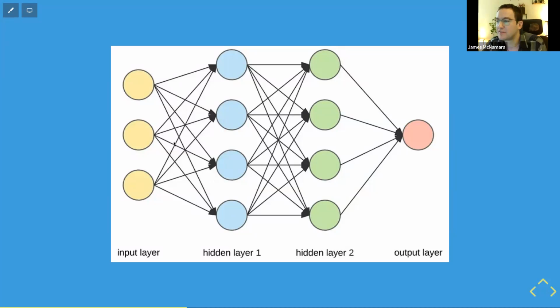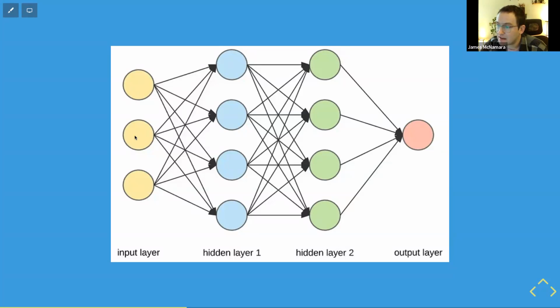Every single one of these lines, you can think of as a single number. And so to calculate what goes into this top blue node, we're going to take the number that was in the first input, and then multiply it by the weight that is on this edge that corresponds here.